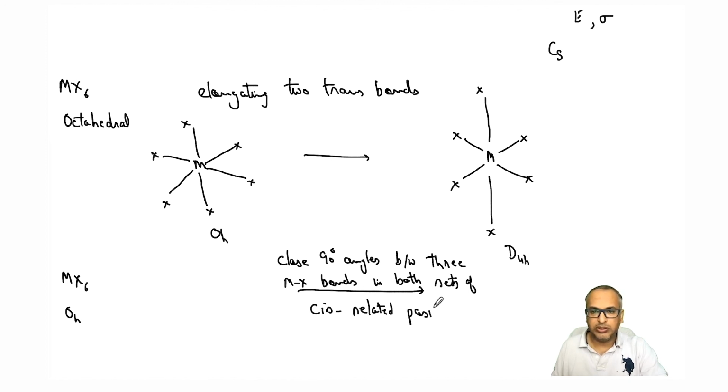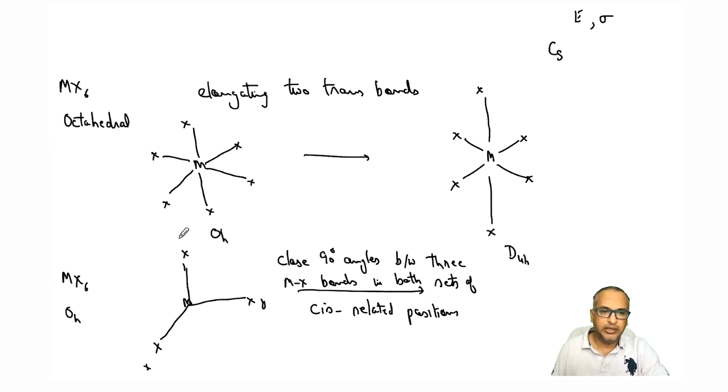Cis related positions. So if we try to draw a coordinate system and put the molecule onto this, so you have basically M sitting here, X going along the coordinates, which is x, y, z, right? And the other three are sitting like this, right?